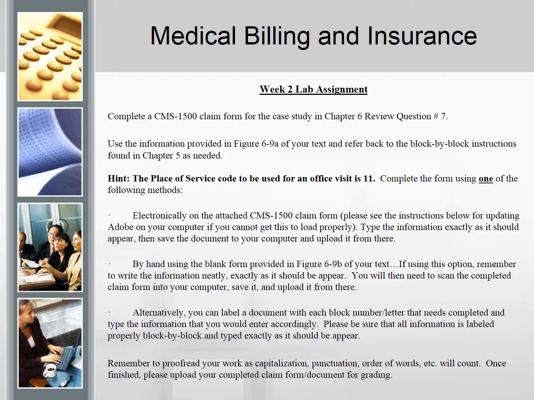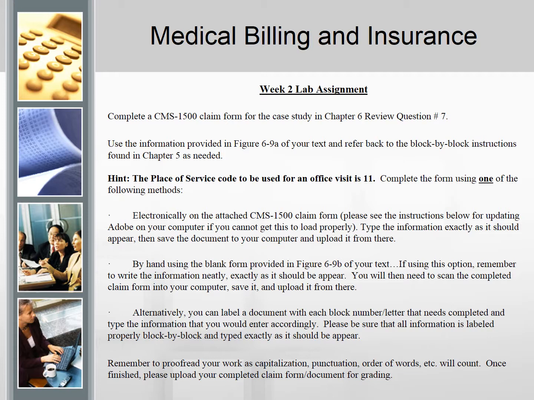You can complete your claim form one of 3 ways, either electronically on the blank claim form that's attached to the assignment, type the information in as it should appear, and then save that document on your computer and upload it from there. You can complete it by hand using the blank form that's provided in figure 6.9b of your textbook.